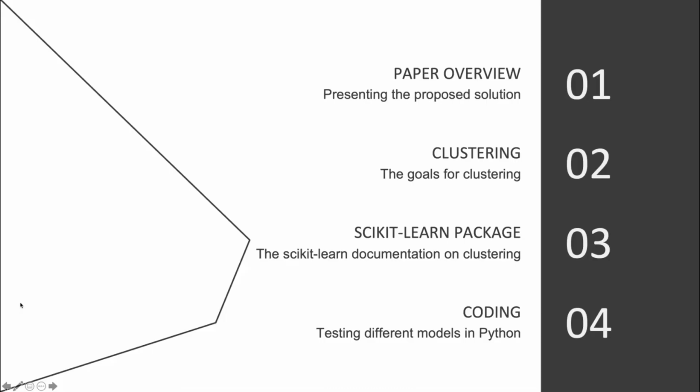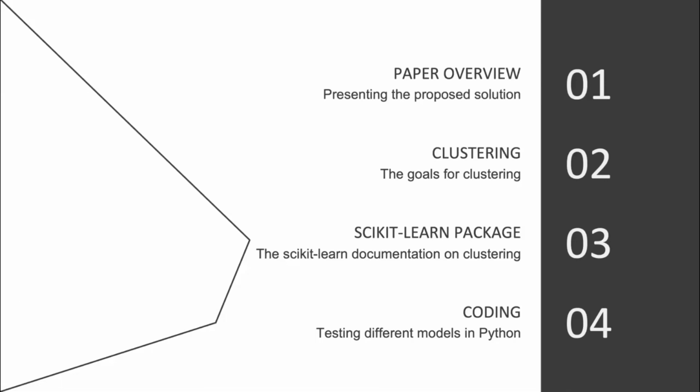Today we are going to be talking about a small paper overview. That's going to be the same paper that we did 2 weeks ago, just to continue this clustering applied to the energy sector. We're going to talk a little bit about clustering. I'm going to explain again the different types of clustering, which can be centroid-based, distribution-based, or density-based.